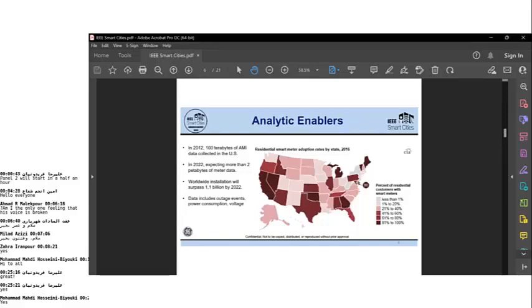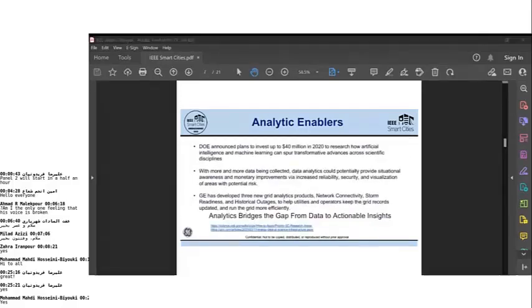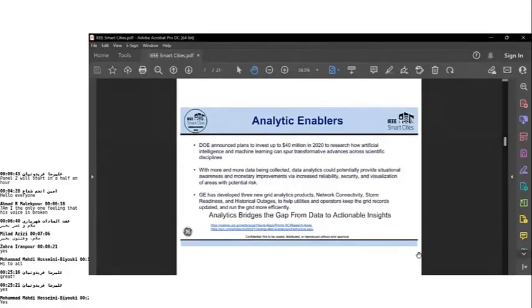Another enabler, I would say, was the need for investment. DOE has proposed different plans to invest in a lot of merger infrastructure, not only grid. As you see, in 2020, $40 million for artificial intelligence and machine learning across different scientific disciplines, and grid infrastructure is one of them.